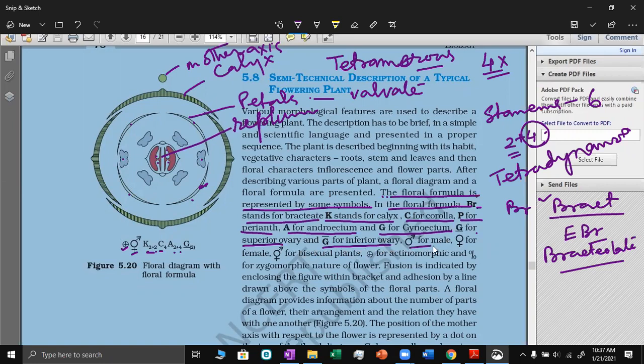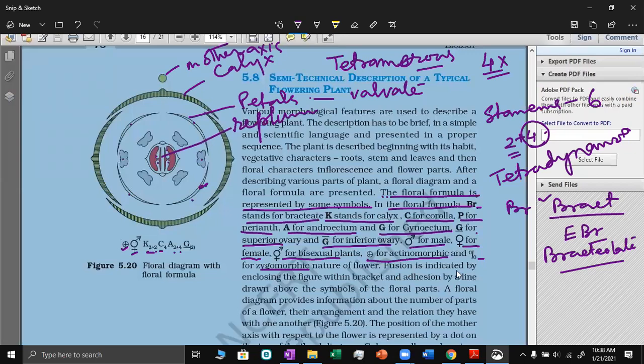This sign is male, this is female, and for bisexual both male and female are there. The circle with a plus is for actinomorphic. The percentage sign is for zygomorphic flower.